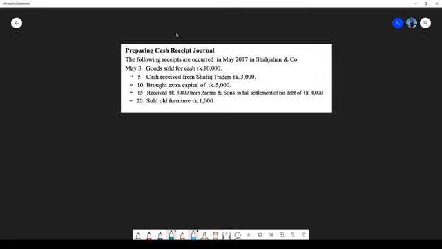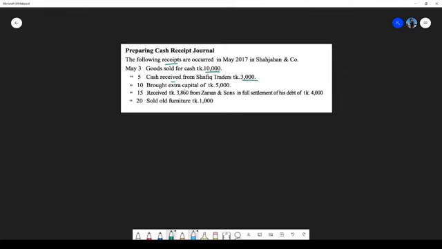Let's have a look at this question. The following receipts occurred in May 2017 in Shahjahan and Company. May 1st, goods sold for cash 10,000 taka. Then on May 5th, cash received from Shafiq Traders 3,000 taka.